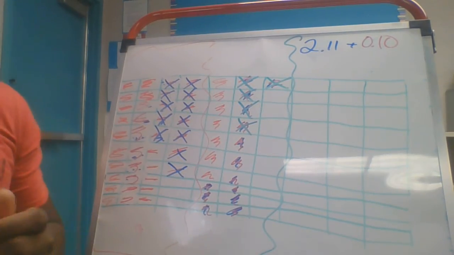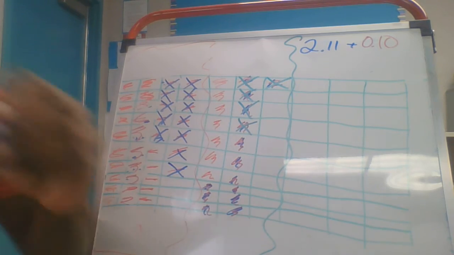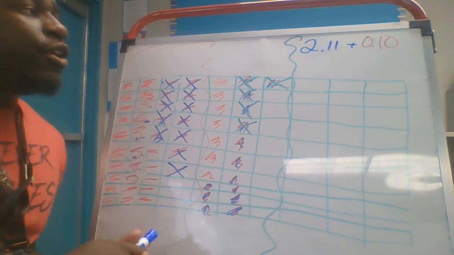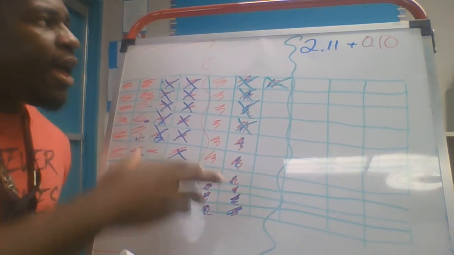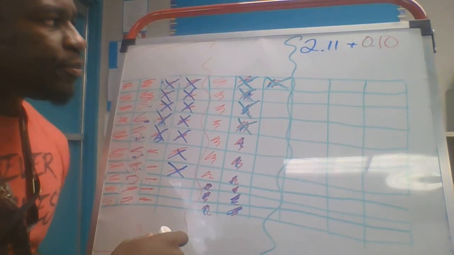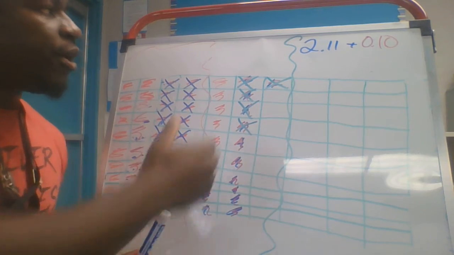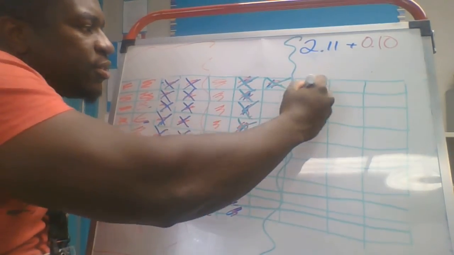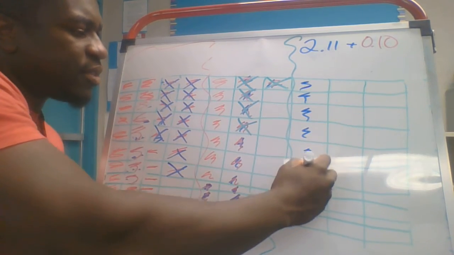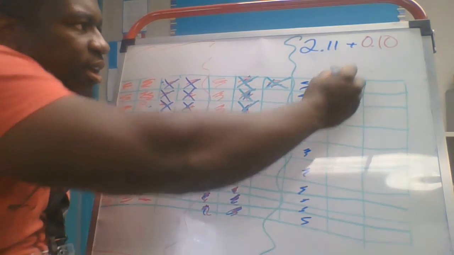So what you're going to focus on, with this way of operating, is the decimal portion, and you're going to bring over your whole number with you. So you have 1, 2, 3, 4, 5, 6, 7, 8, 9, 10, 11.